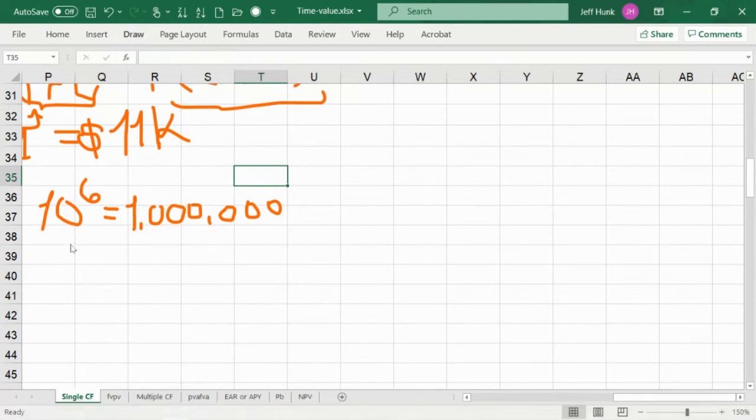In this case, let's call this A, let's call the exponent X, and let's call 10 B, where B stands for base.